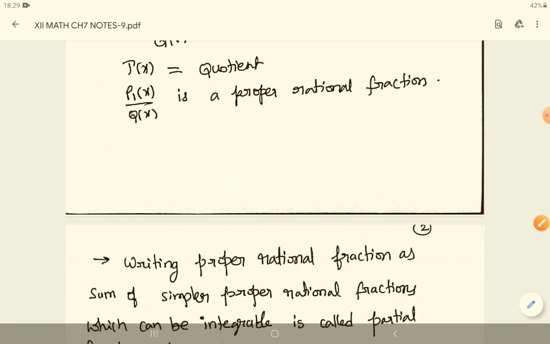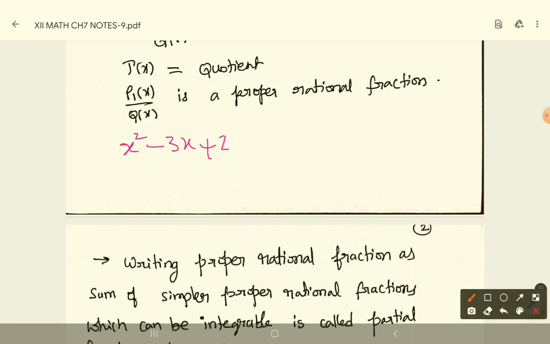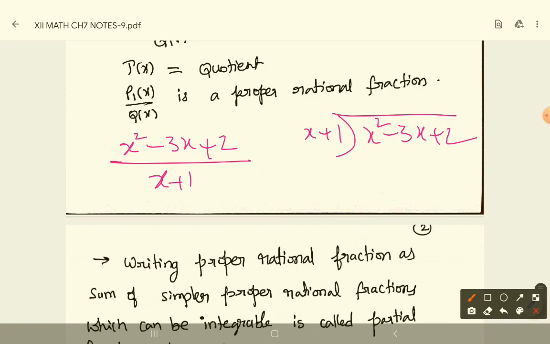If it is like this, look, x square minus 3x plus 2 by x plus 1. So divide it: x plus 1 into x square minus 3x plus 2. If I divide, I get x. So x square plus x, then minus 4x plus 2 will come, because minus minus cancel.